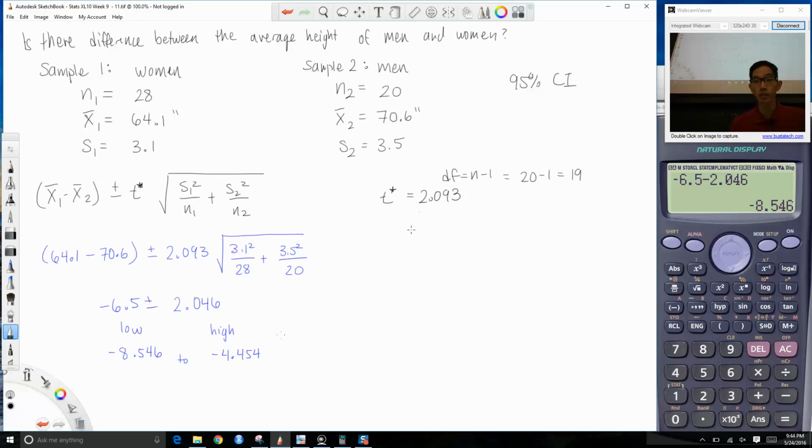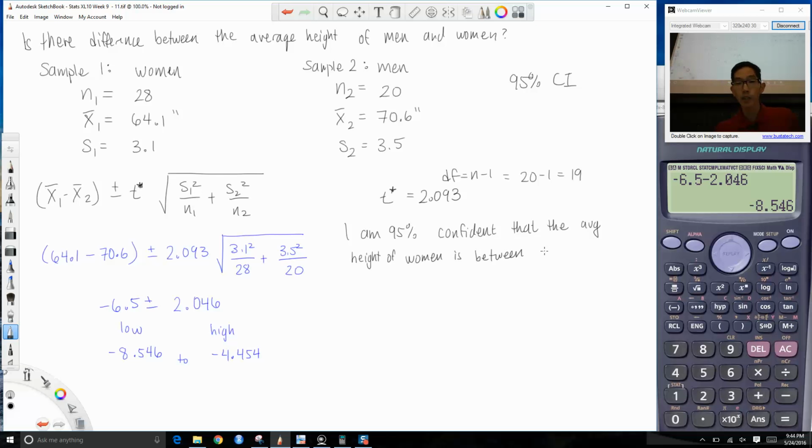All right, so let's do the interpretation. I would say I am 95% confident that the average height of women is between, and I've got negative 8.5, negative 8.55 basically, and negative 4.45 basically here, okay?